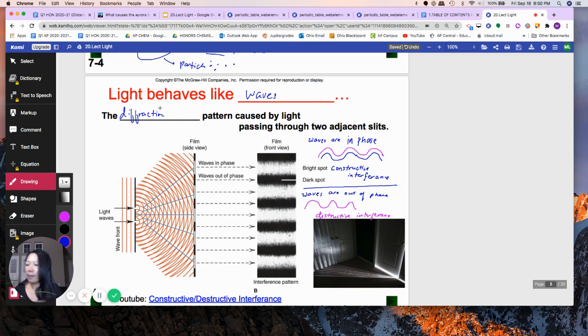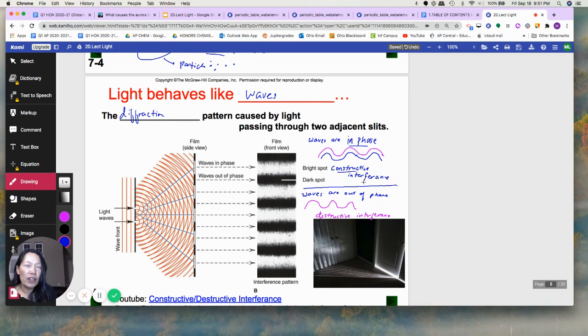Diffraction happens when light goes through a small hole. Because they're waves, some of the waves go on top of each other, increasing the intensity, and that's called when the waves are in phase. Then there is a constructive interference that happens, and that's when you see a bright light.